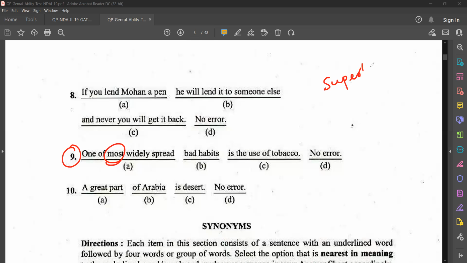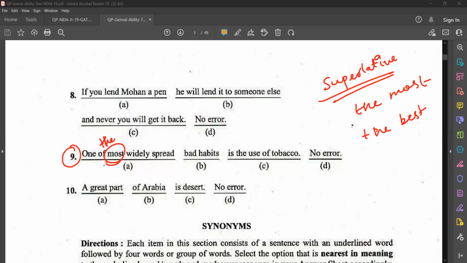Most is superlative degree. So when you say superlative degree, what do you have to use? You have to use "the", isn't it? The most, the best, like that. When it is a superlative degree, you have to use "the".